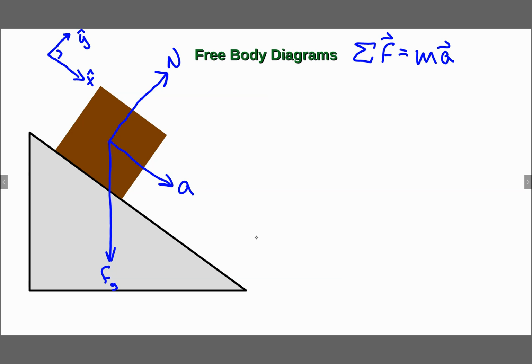So now to break it up into components, I know that I'm going to have a piece like this that points in the y direction. So this is F_gy. And I'm going to have a piece like this, F_gx, that points in the x direction.